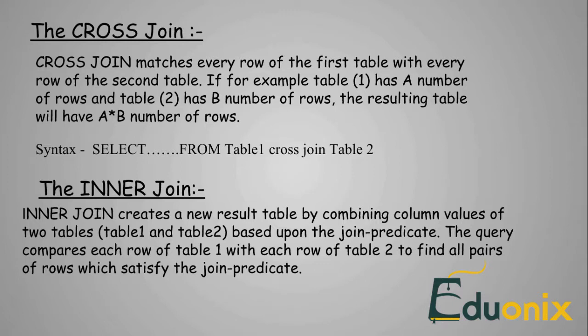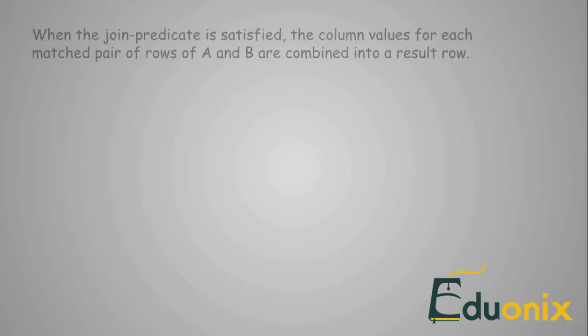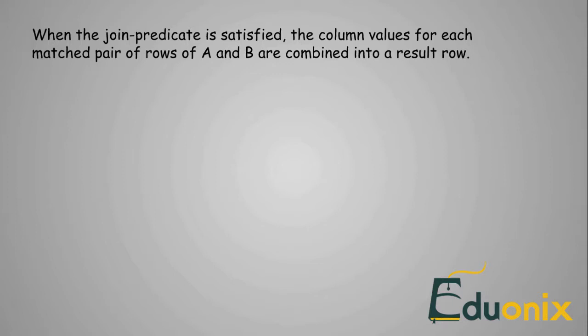In cross join, we never lay the criteria on what parameters to perform a join. Now in this inner join, we have to specify the parameter on which the join will happen. The query compares each row of table 1 with each row of table 2 to find all pairs of rows which satisfy the join predicate. When the join predicate is satisfied, the column values for each matched pair of rows A and B are combined into a new result.